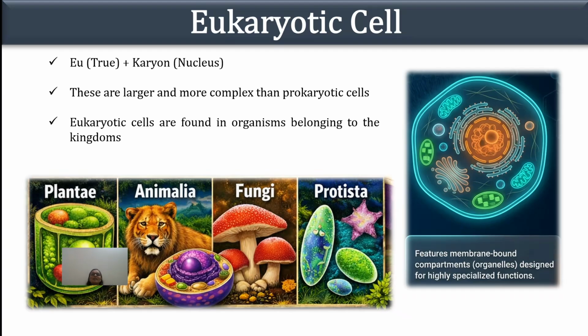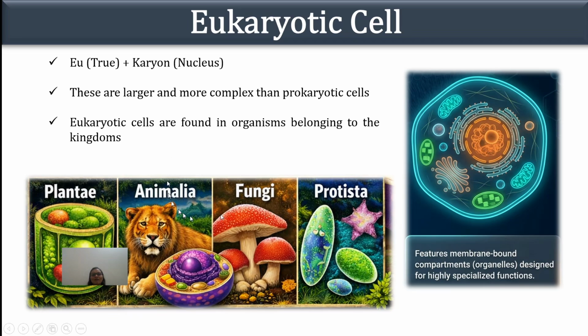Now, let us discuss the eukaryotic cell. Eu means true, karyon means nucleus. It means in a eukaryotic cell there is a true, well developed nucleus present. In the nucleus the genetic material is present. So these cells are larger and more complex than the prokaryotic cell.